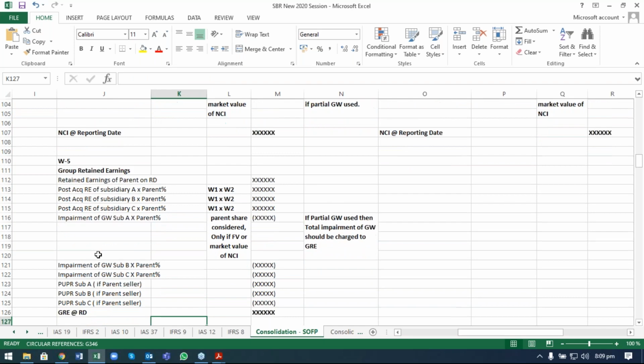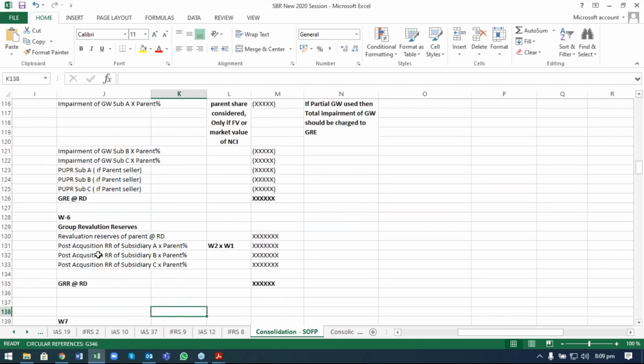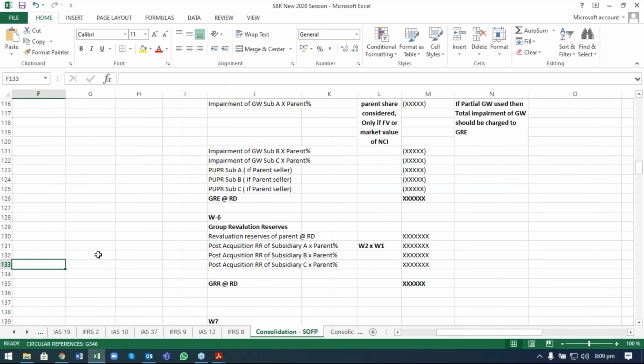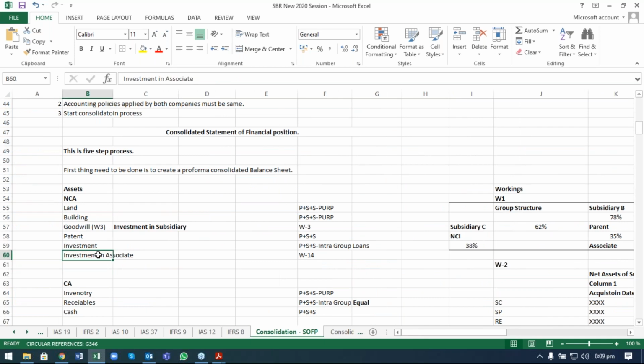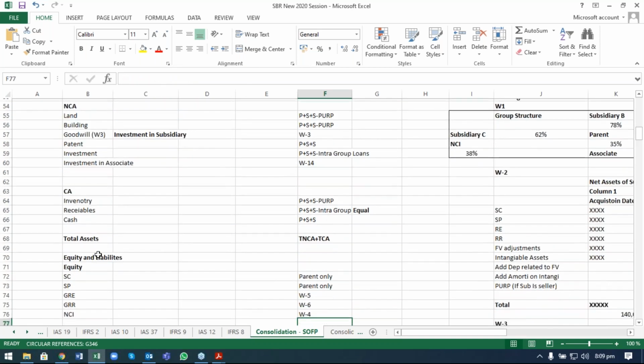So that's how you need to calculate group retained earnings, and group revaluation reserves should also be calculated in the same way for subsidiary A, B, and C. Now your question would be how we are going to account for this goodwill. When you are adding up assets, parent plus subsidiary A, subsidiary B, and subsidiary C, the goodwill of all 3 subsidiaries should be added up in one line item in your balance sheet, in the same way as you have calculated NCI.